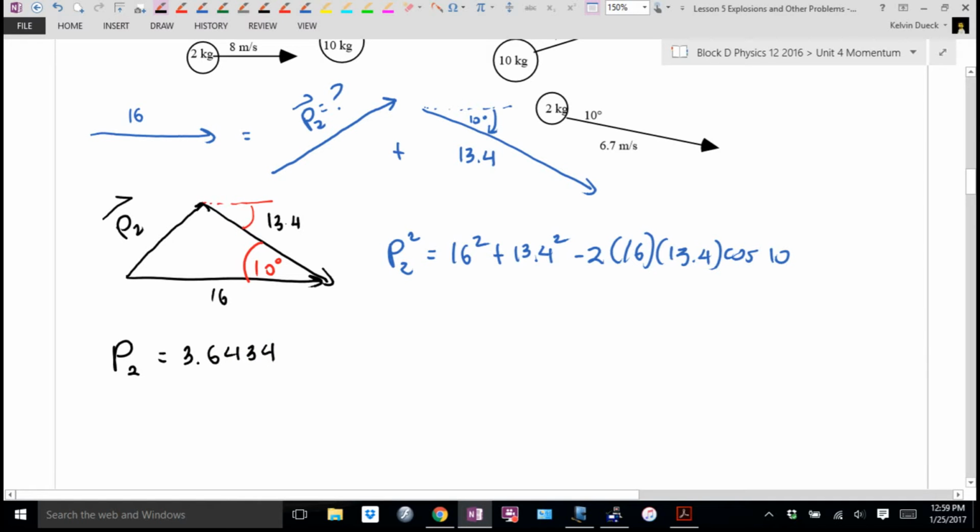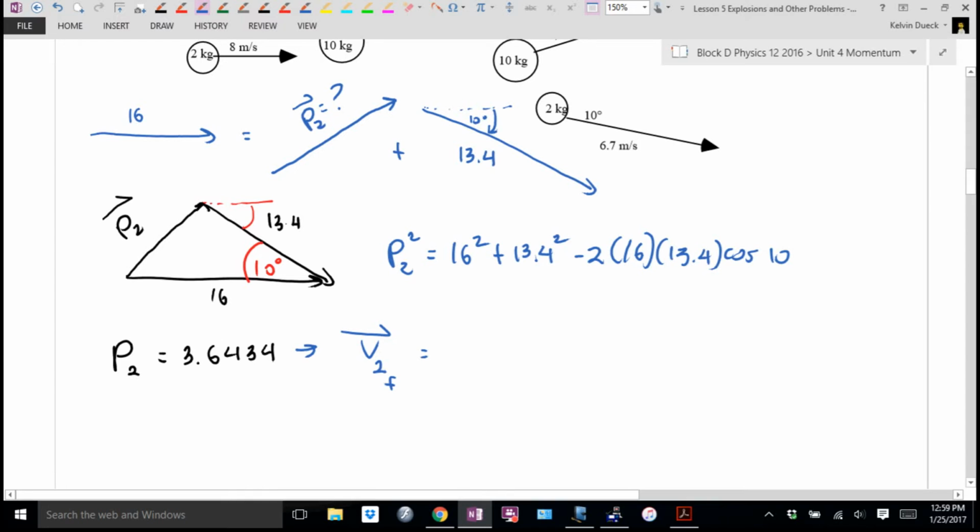Yes? Hannah, did the question say find the magnitude of the momentum for part A? Did it say momentum? I have momentum. How can I change this into a velocity if I know the momentum?